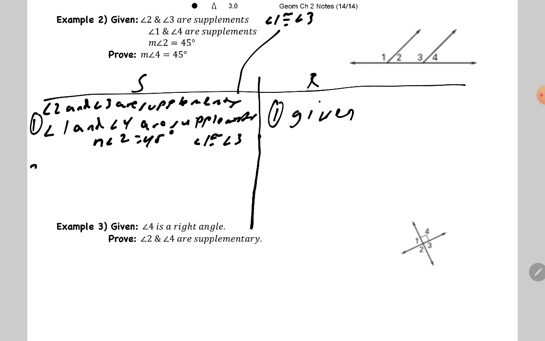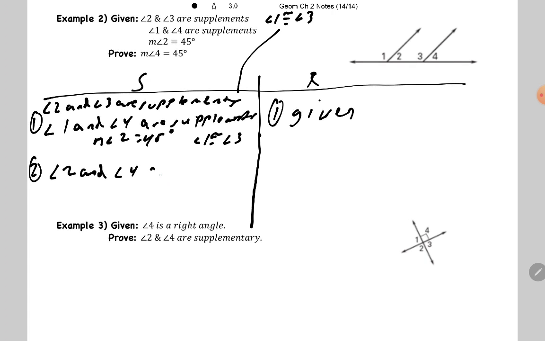So that means, since angle 1 is congruent to angle 3, angle 2 and angle 4 are... oh, skipping ahead.